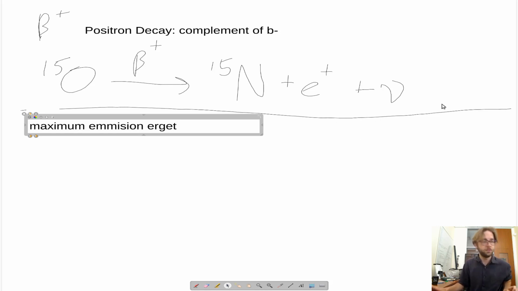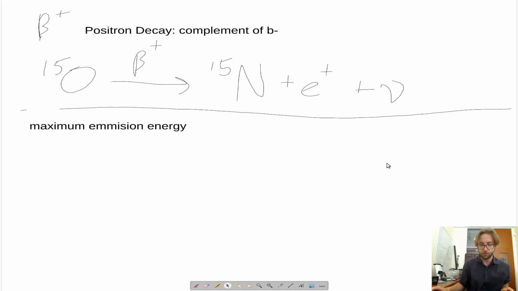So this means that there's an energy above which no electrons are going to be emitted, and the spectrum looks roughly like a Poisson distribution.